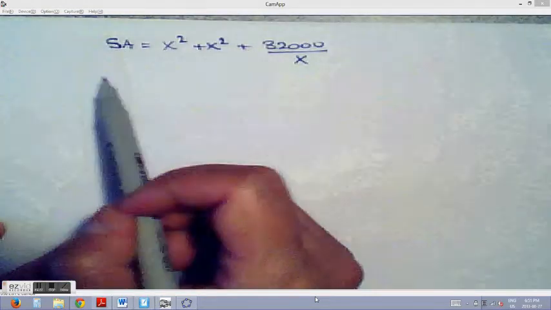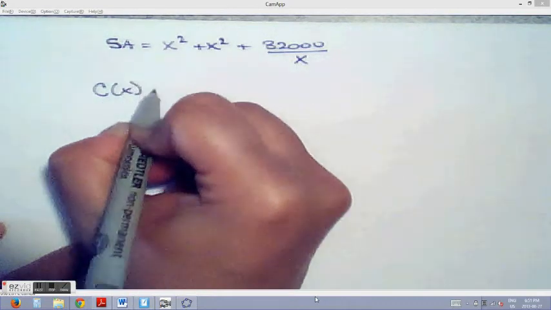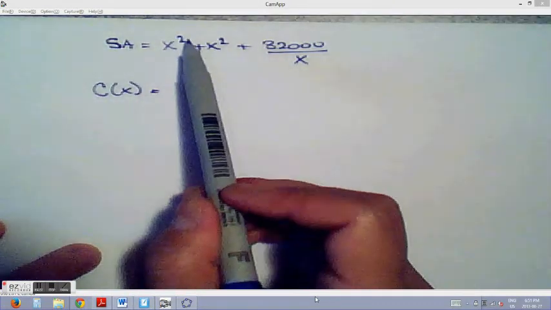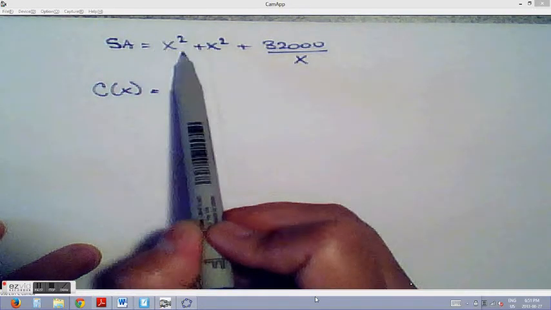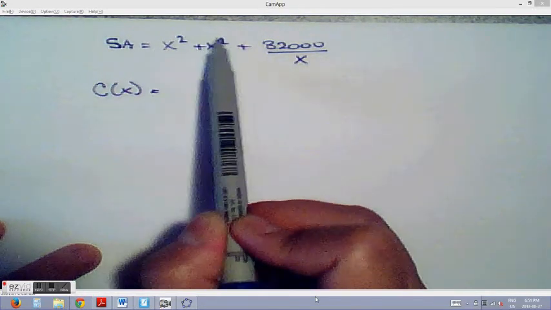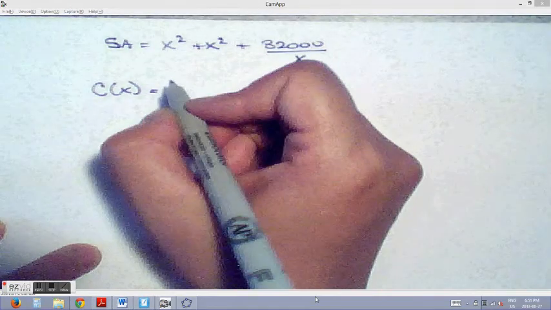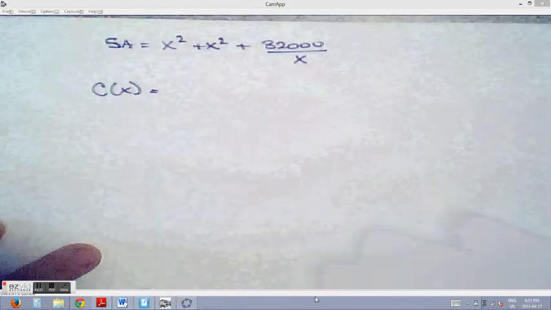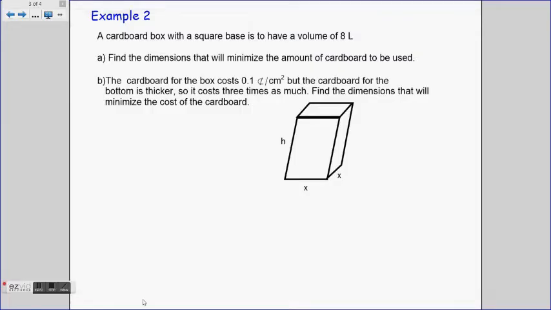So we're going to call this now the cost function. There's the cost function. Okay, so remember the box, the tops are just squares, top and the bottom. So one of the sides, I think it said that it was the bottom, was it not? The bottom was thicker. Okay. The bottom was thicker.